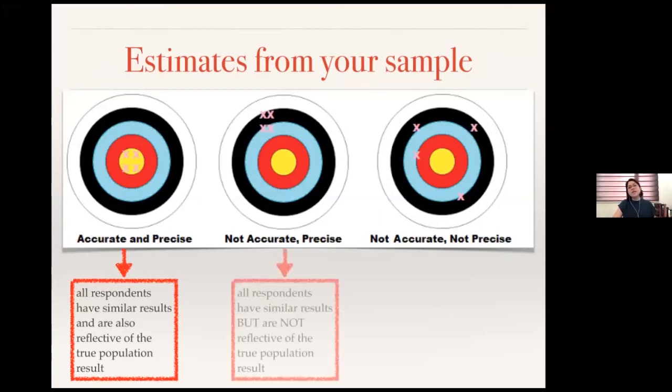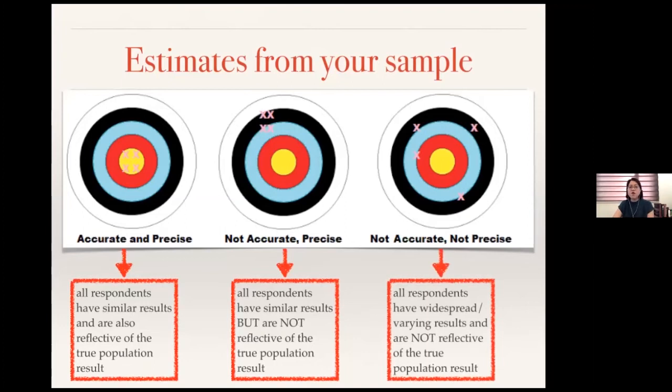Now, in the middle dartboard, you can see that none of the pink X's are the same as the true estimate. So that is not accurate anymore. But they're all near one area. They're near each other. So they're still precise. Unfortunately, they're not accurate. In the last dartboard, they're all over the place. It's all over the dartboard, and none of them hit the true estimate. So this is not accurate, and it is not precise.